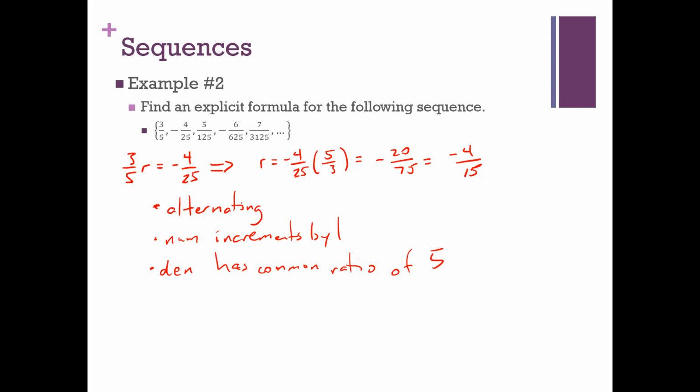How do I account for the fact that it's alternating? Negative 1 to the power of n. Okay, so that handles the first bullet. How about the numerator incrementing by 1? Times n plus 1. How'd you get n plus 1?